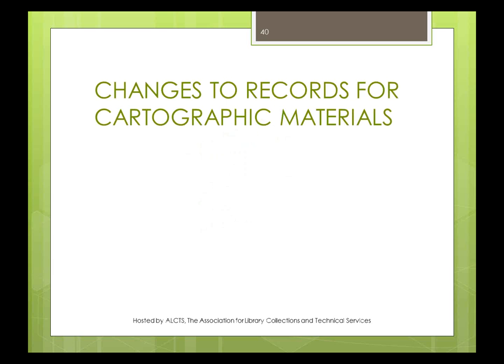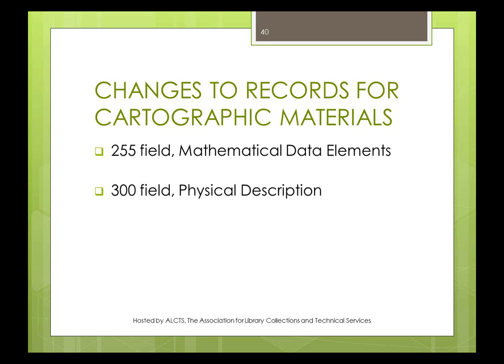So let's move on to looking at how some of the record level changes I have provided relate specifically to cartographic materials. I will focus primarily on two areas. The mathematical data elements is found in MARC field 255, and the physical description elements is found in MARC field 300.